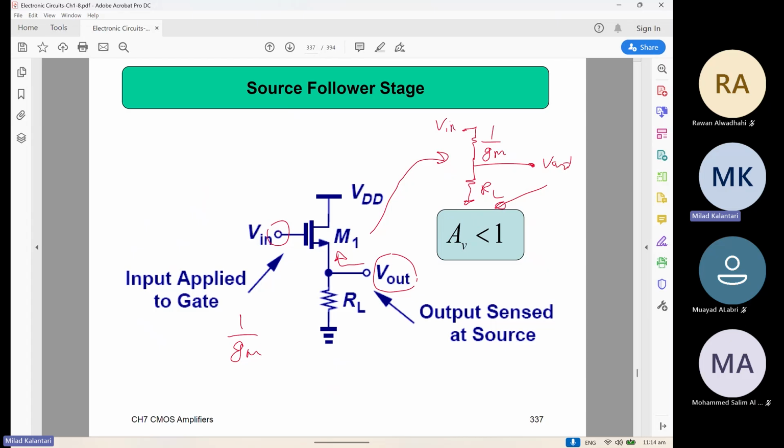Then you can calculate V out over V in, which is RL divided by RL plus 1 over GM, which is close to 1, but usually less than 1, because we still have something more in the denominator.